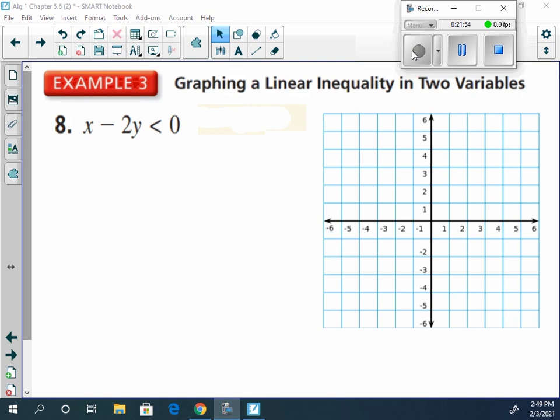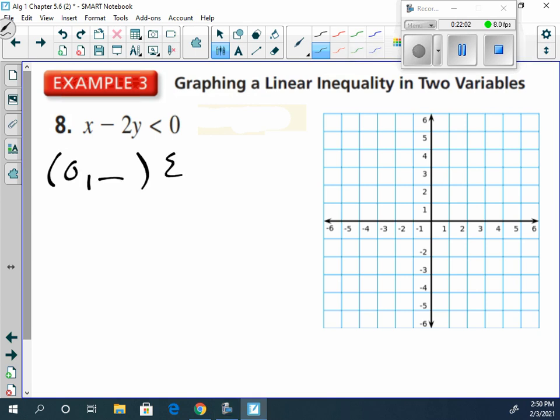Okay, so let's look at this one here. Now again, like always, we need 2 points. We're going to use 0, comma, and comma 0. So we're going to use the two intercepts where x is equal to 0 and y is equal to 0 to solve this here.